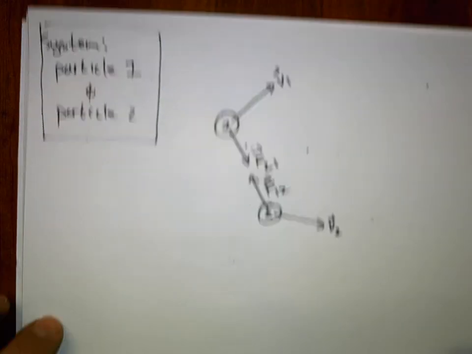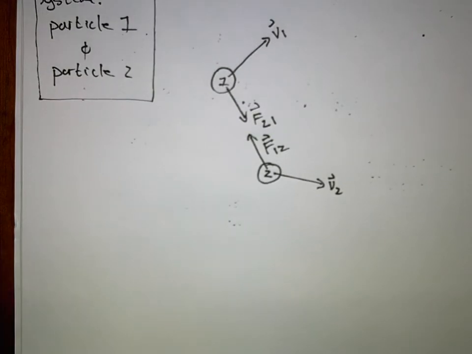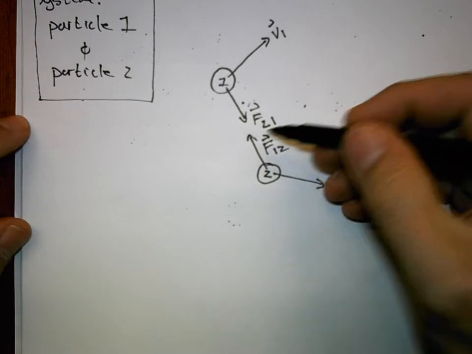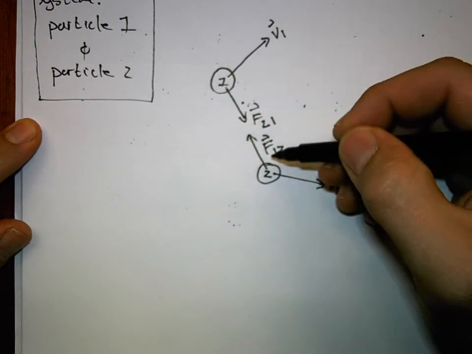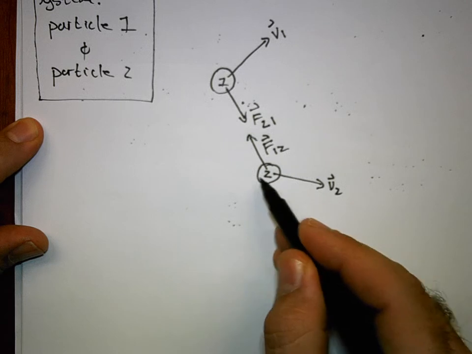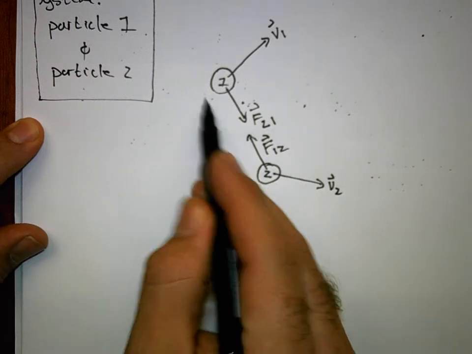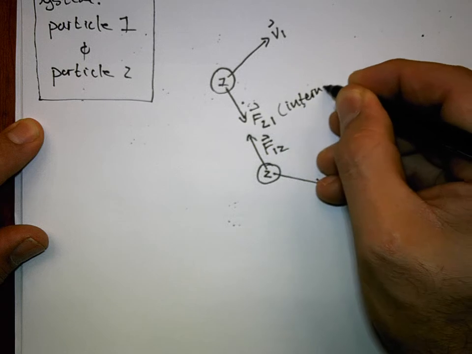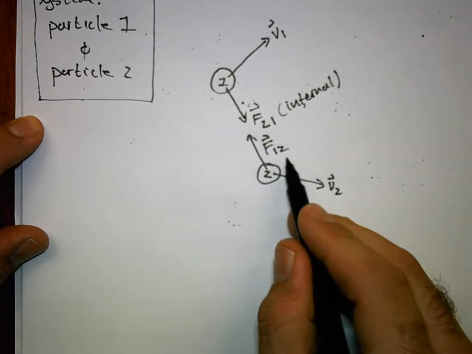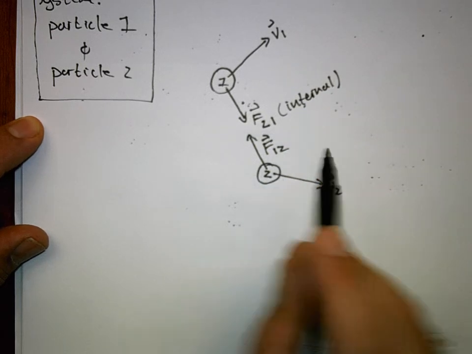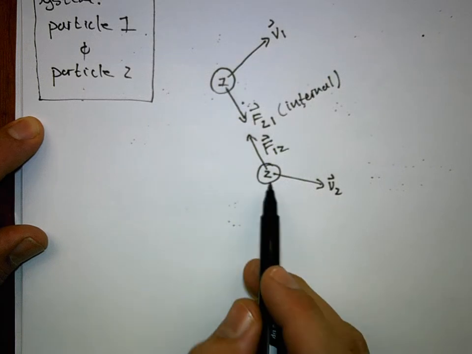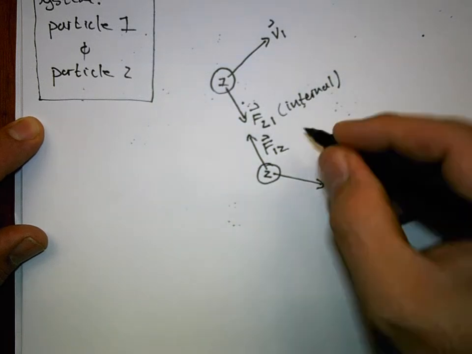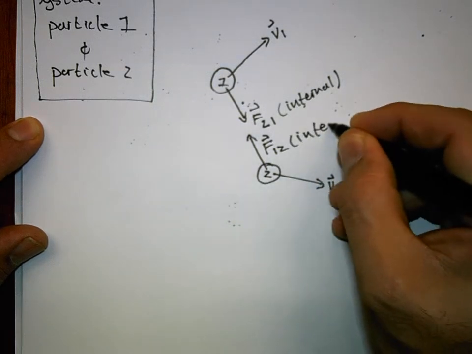So we said an internal force is a force from one object in our system on another object in our system. So this force from particle 2 on particle 1 is a force from one object in our system on another object in the system. So this is an internal force. Similarly, the force from 1 on particle 2 is also an internal force.